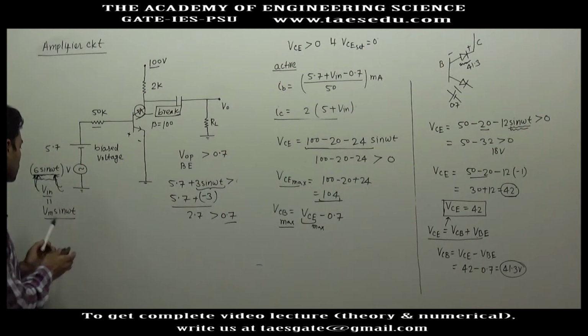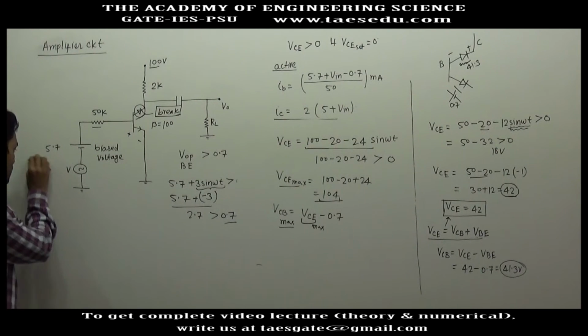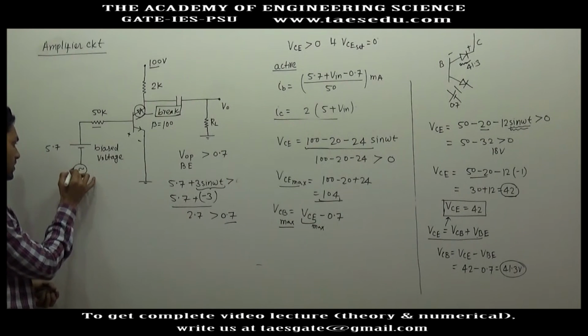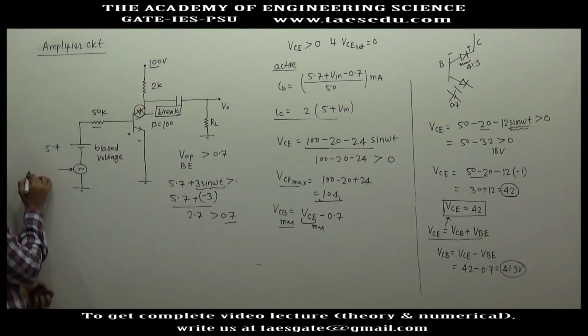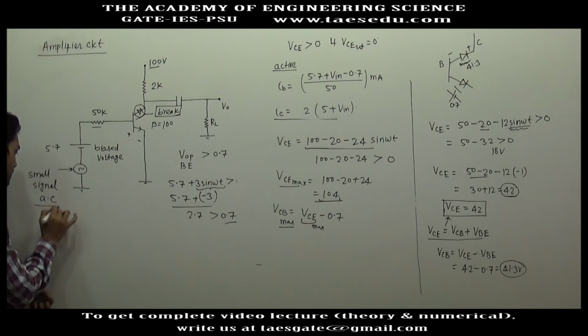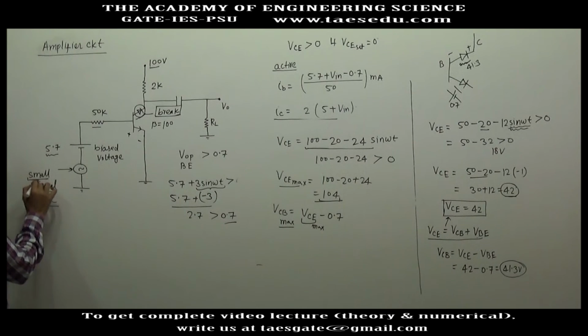So after having so much discussion, we can conclude that only a small signal AC can be amplified. Here we can have a small signal AC. So now we have the reason for connecting a bias voltage. We have the reason for why this has to be a small signal.